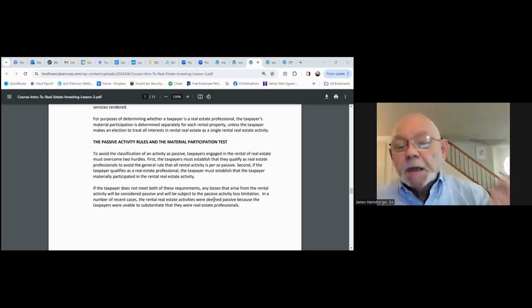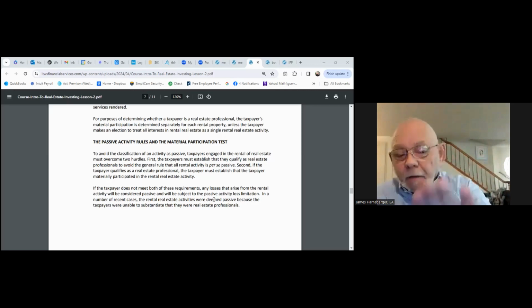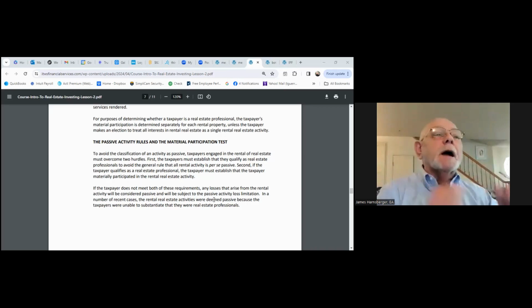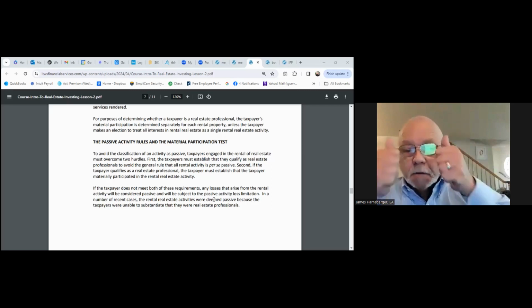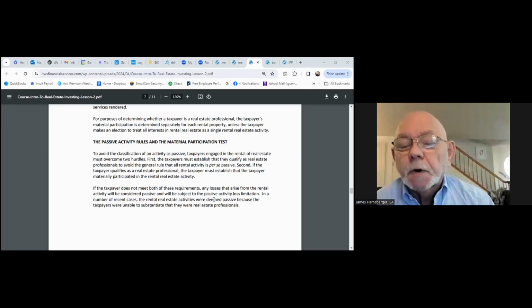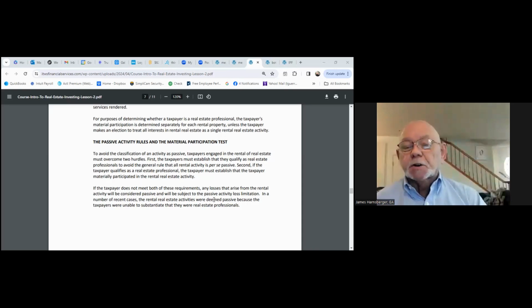Something as simple as writing it on your calendar and having a day planner to record, I went to my rental property on Beach Street today to show a new tenant, and it's on my calendar. Awesome. You are golden. You've created a contemporaneous record, and you have met the active and material participation.